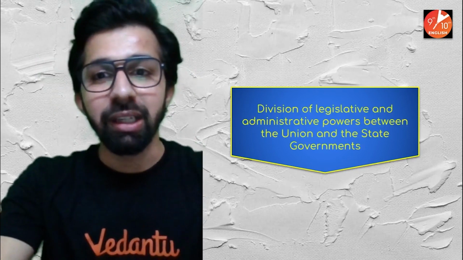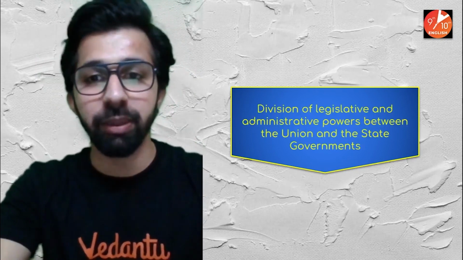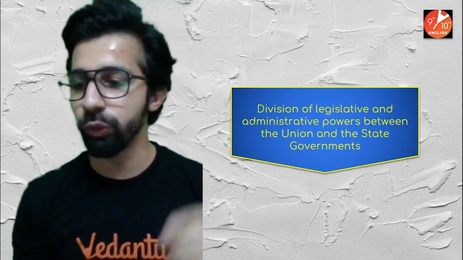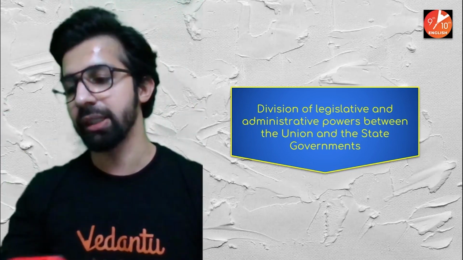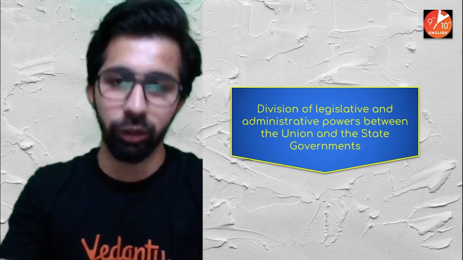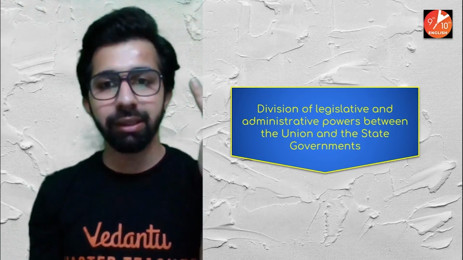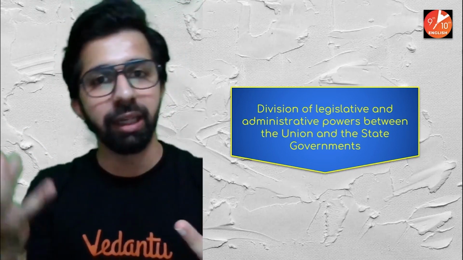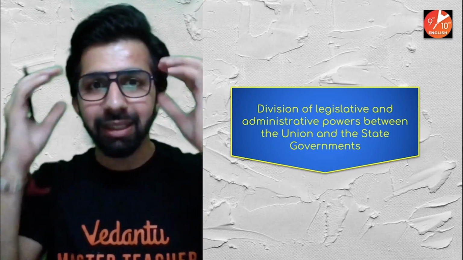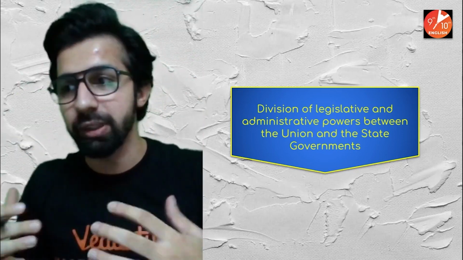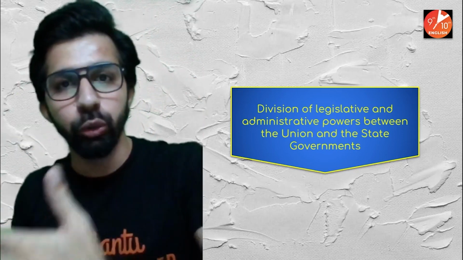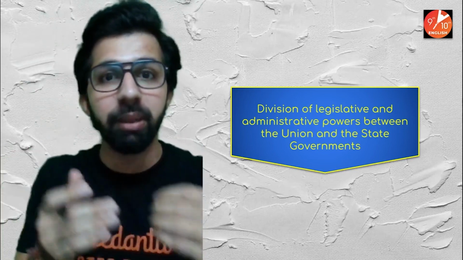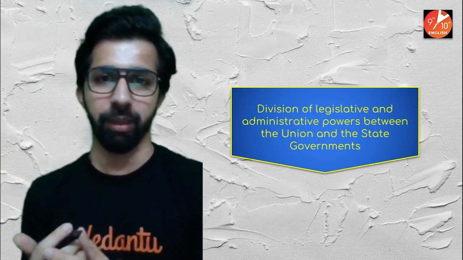Third one, division of legislative and administrative powers between the union and the state government. What do we understand from the term legislative powers? Legislative power means the power to make laws. So the central government and the state government both have their own legislative power and administrative power. The central government cannot impose its laws, rules and regulations on the state government, nor will it administer the state government.